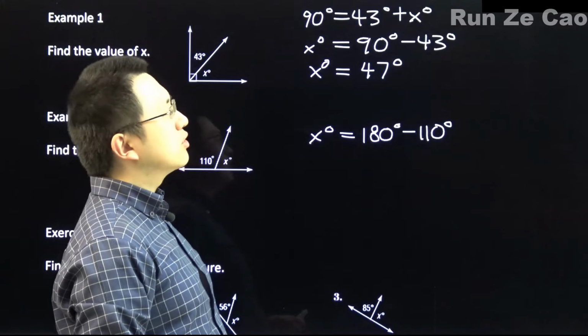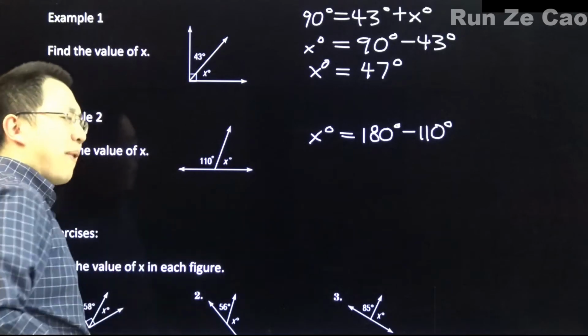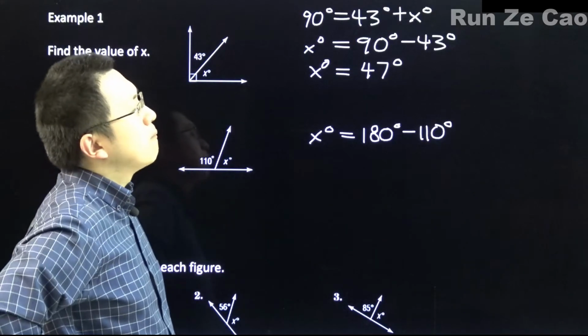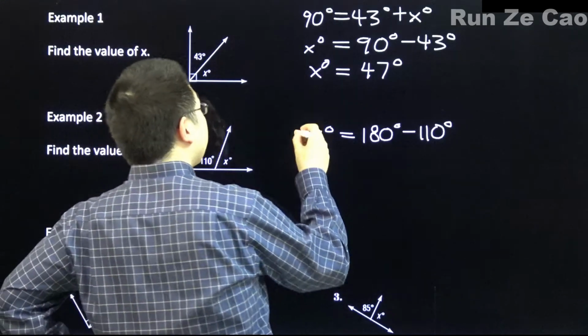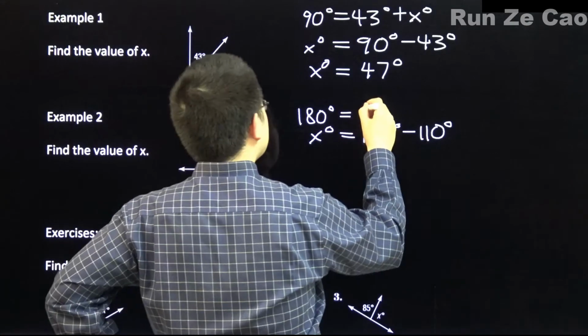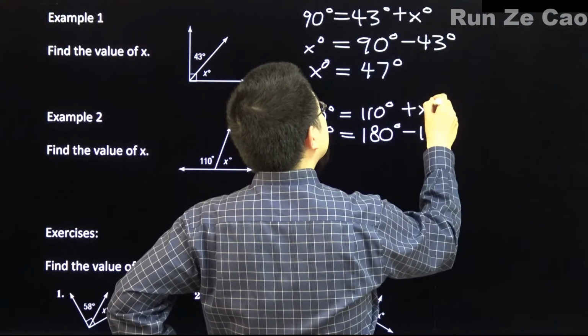This actually depends on regional conventions, because in some places you're solving this problem based on the fact that they're supplementary, so you kind of have to state that. To be safe, it's probably better to start with 180 degrees equals 110 degrees plus x degrees.